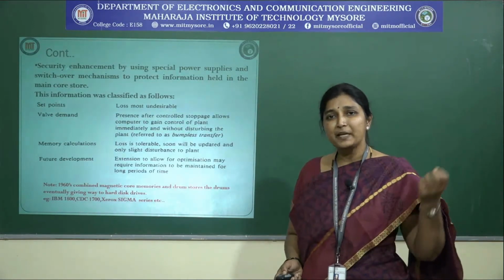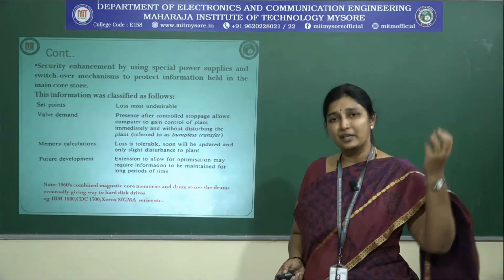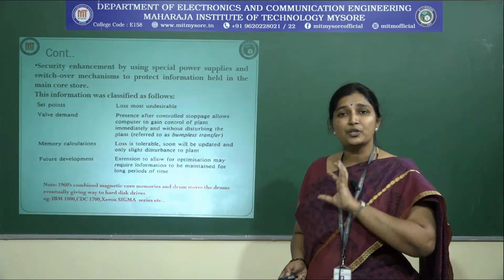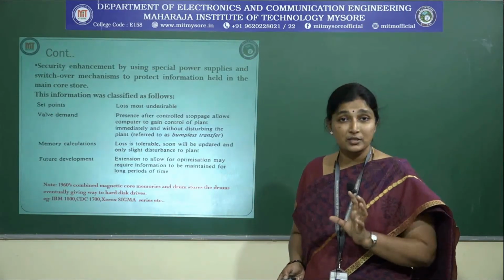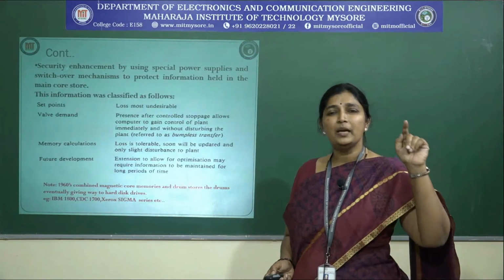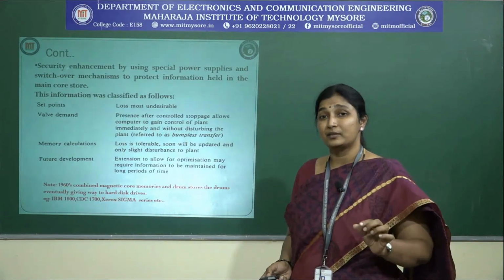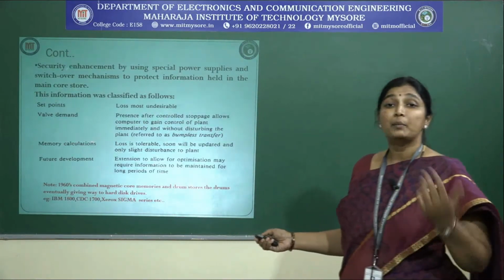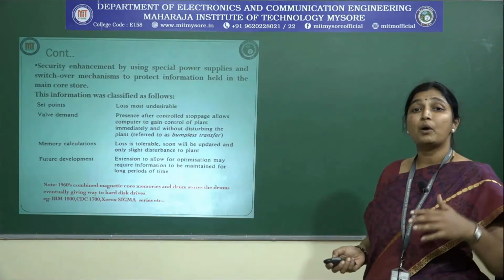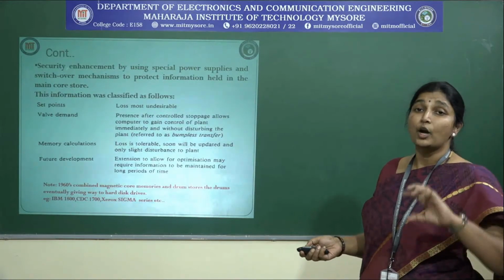That would be taken as feedback to the input and there will be a variation. So the corrective measures have to be done within the control system, and that delay has to be very small so that it does not affect the entire operation of the plant. That is your memory calculation, and the amount of memory that is required to overcome such errors.